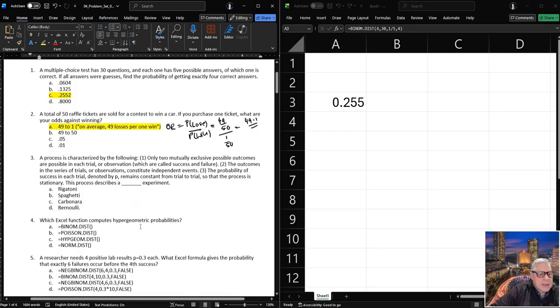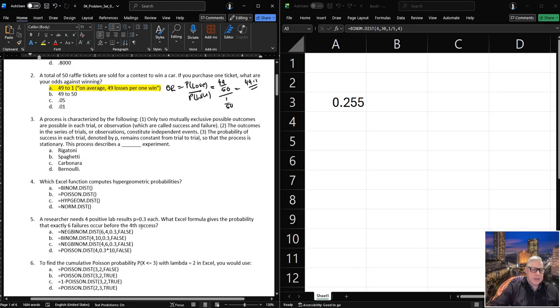Okay, a process is characterized by the following. Only 2 mutually exclusive possible outcomes in each trial, so success or failure. The outcomes in the series of trials are independent. Okay, so we know that one. The probability of success in each trial, denoted p, remains constant from trial to trial, so that the process is stationary.